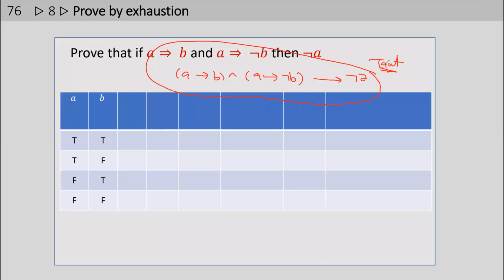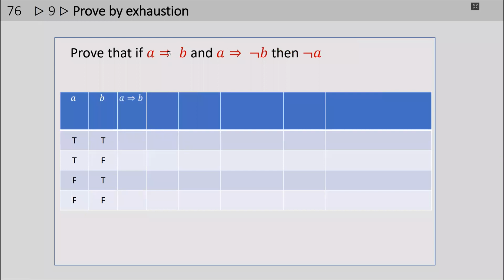If you prove that this is a tautology, then this is a valid conclusion. Now what you're going to do is list all the possible cases for the inputs, which are A and B. Because we have two inputs, A and B, the number of combinations is 4: true and true, true and false, false and true, false and false.